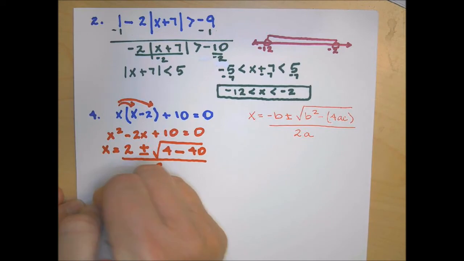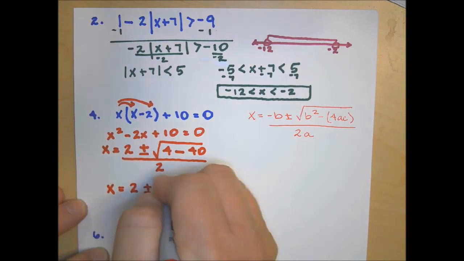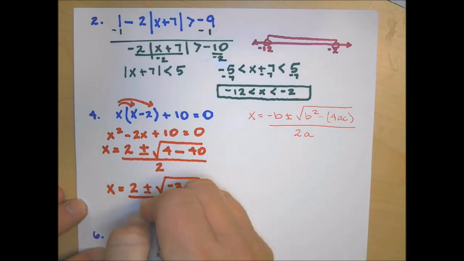So x equals 2 plus or minus the square root of negative 36 all over 2.